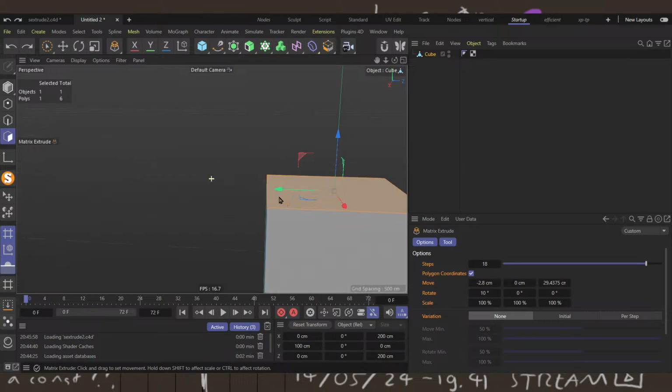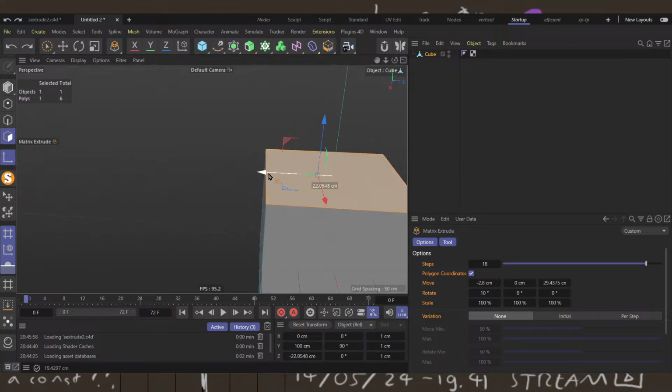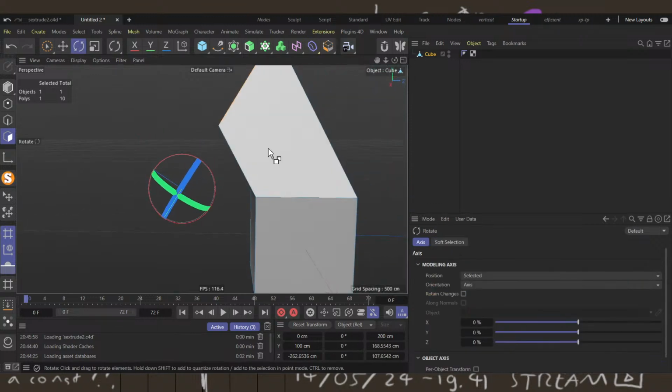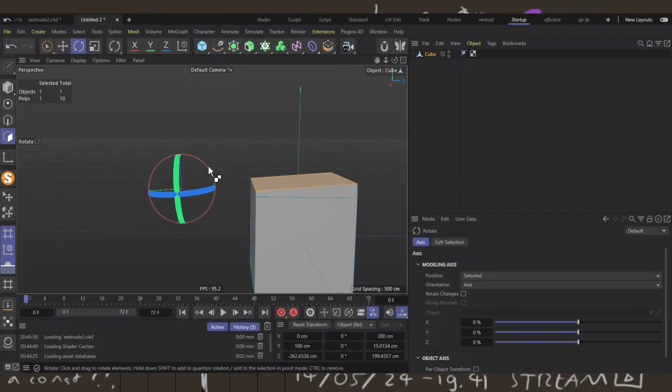The other way you can do it is a bit tedious: you just rotate this multiple times while holding control, and make sure you have quantize open. I forgot the shortcut.